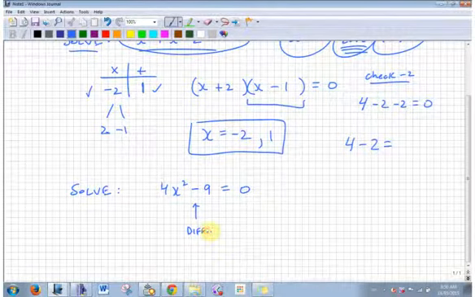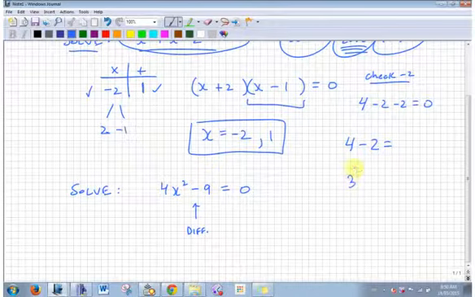Can I write that like this? Is that the same as 9? How do I word this in mathy stuff? That's 3 squared, or say it backwards, that's a square of 3. This is a difference of squares.